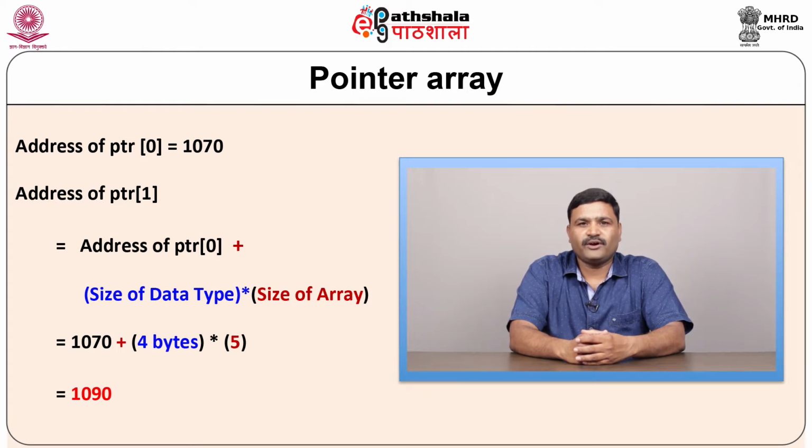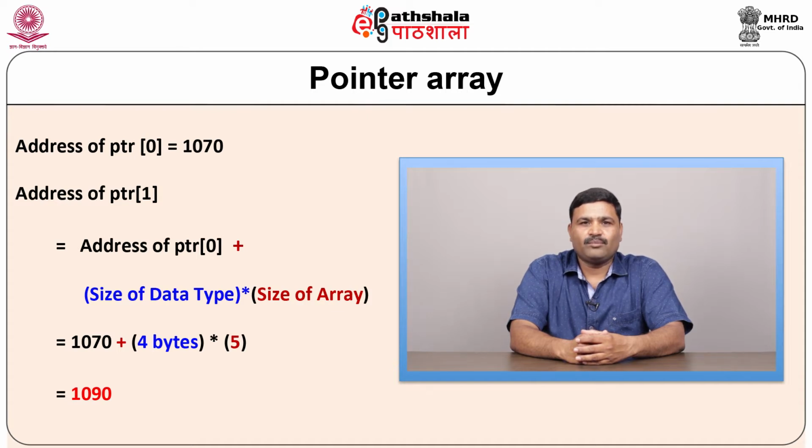The next pointer memory address can be calculated from pointer 0, like pointer 1 equals pointer 0 plus size of data type multiplied by array size. Here we are assuming array size is 5 and data size is 4.